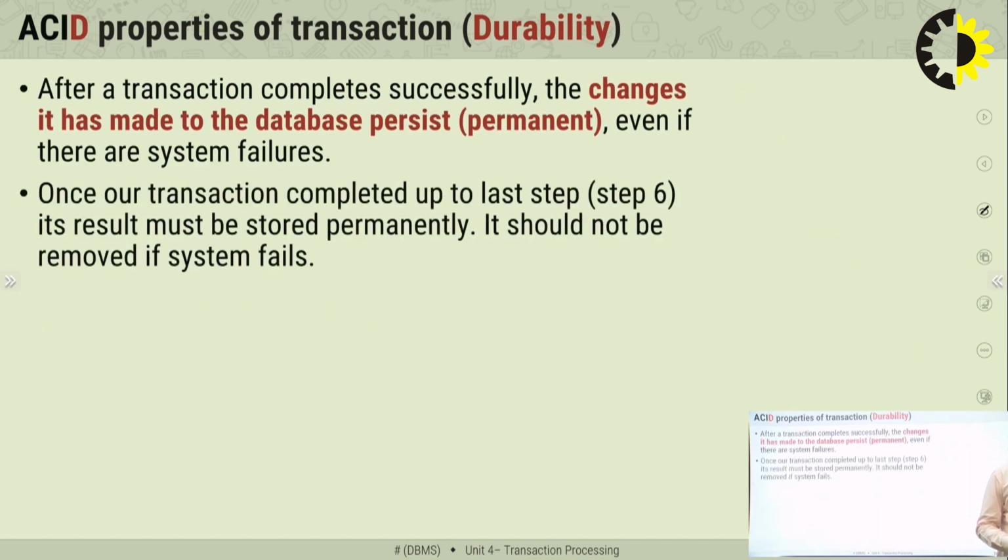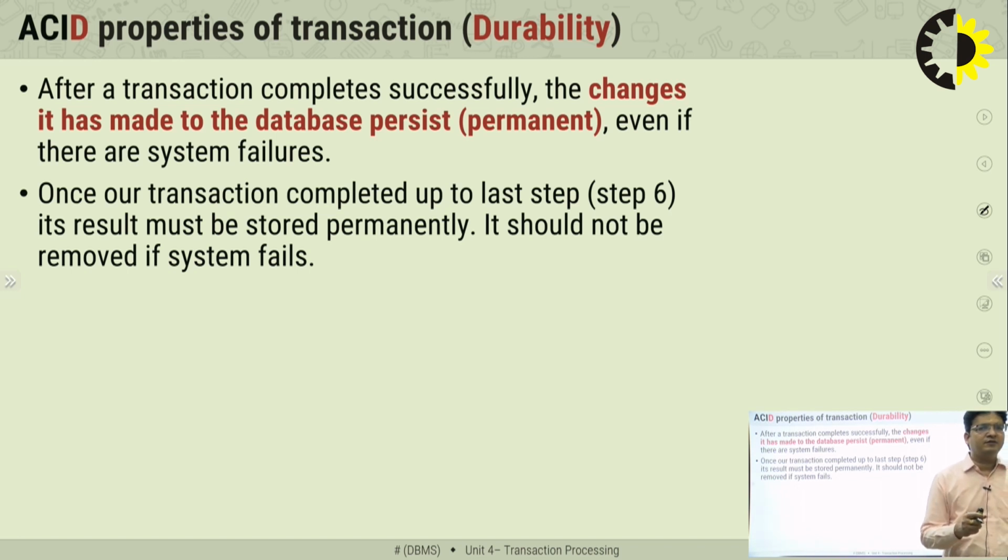Next is durability. After the transaction completes successfully, the changes it has made to the database persist even if there are system failures. Once our transaction has completed up to the last step that we have shown in the previous example, its results must be stored permanently in the disk where the data actually reside.